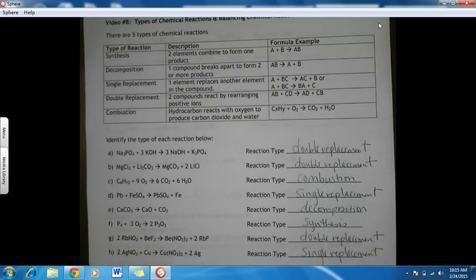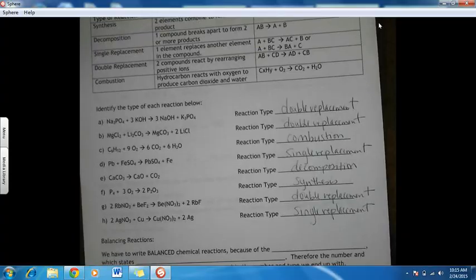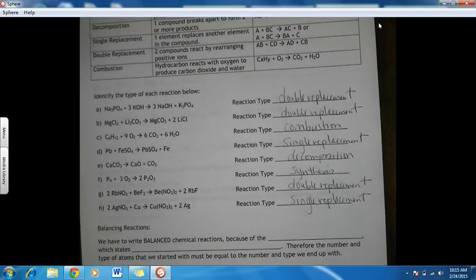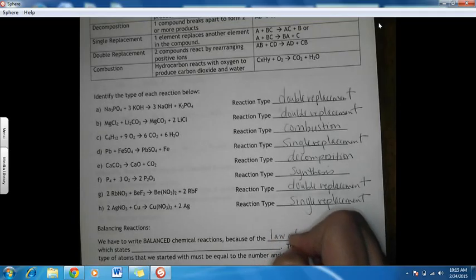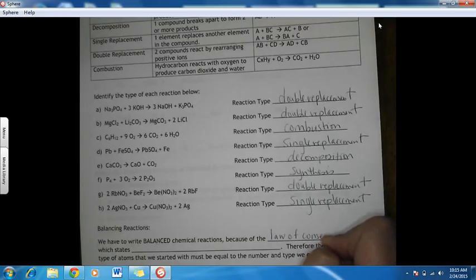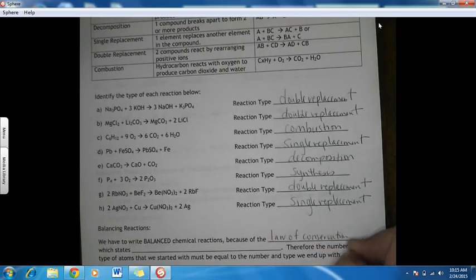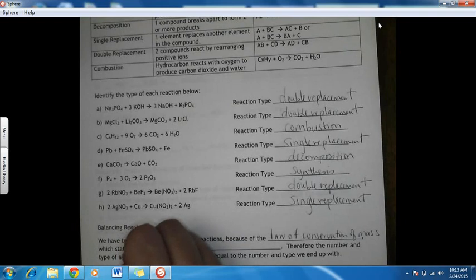Okay, so next we're going to talk about balancing reactions. We have to write a balanced chemical reaction because of the law of conservation of mass. And the law of conservation of mass tells us that matter cannot be created nor destroyed.